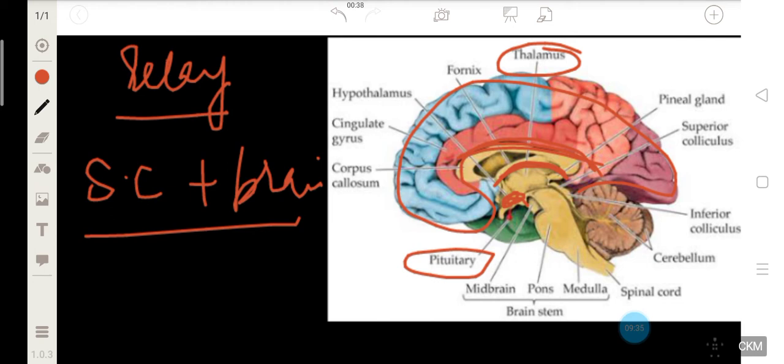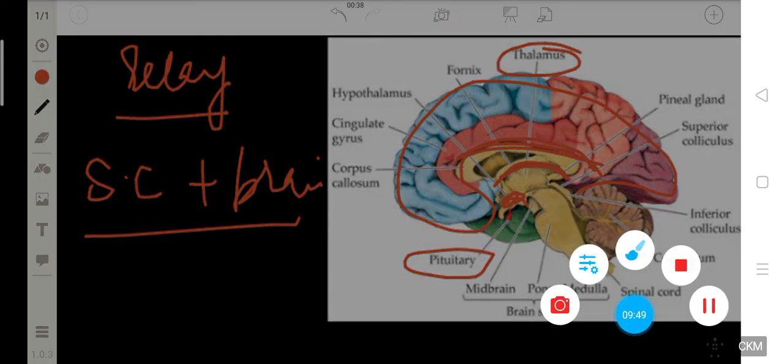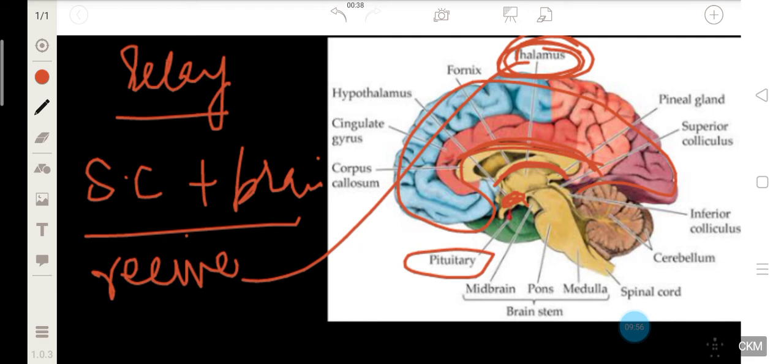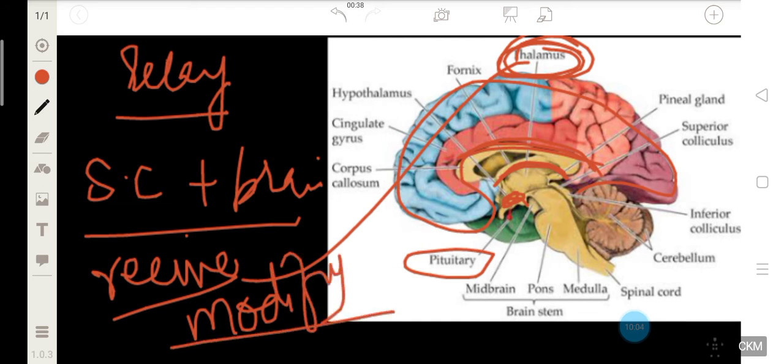These sensory stimulations are first interpreted by the thalamus, and then sent towards the brain, except for the nose. The nose has a direct contact with the cerebrum. So the thalamus first receives the stimulations from the sensory organs, then modifies them, and then passes them to the cerebrum.